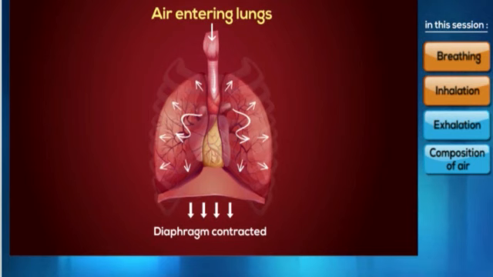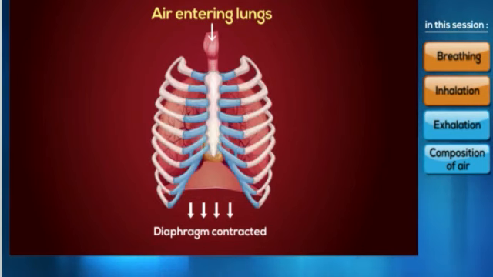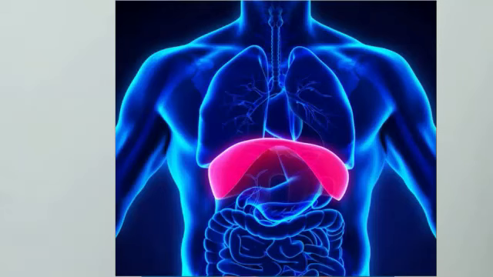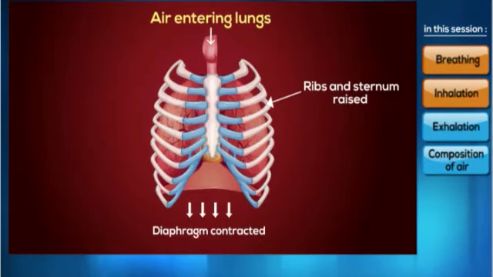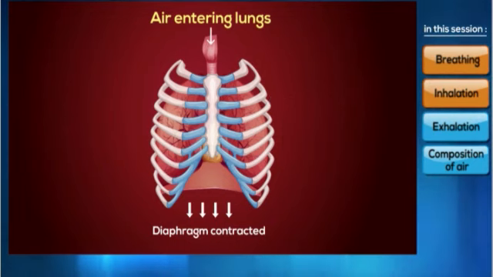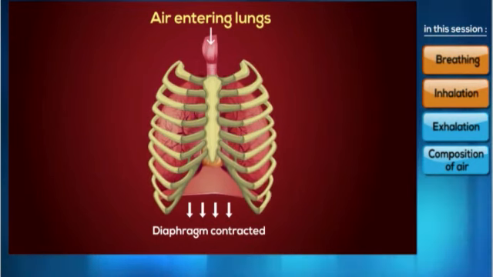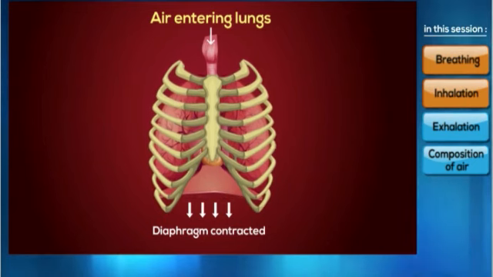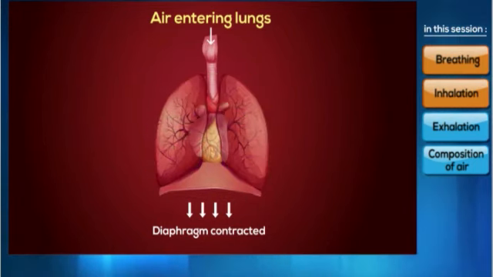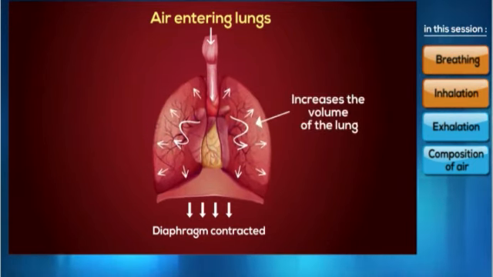That muscle sheet we call the diaphragm. Diaphragm means a muscle sheet present in our body below the lungs. When we intake air, that diaphragm moves down. So there is more space.